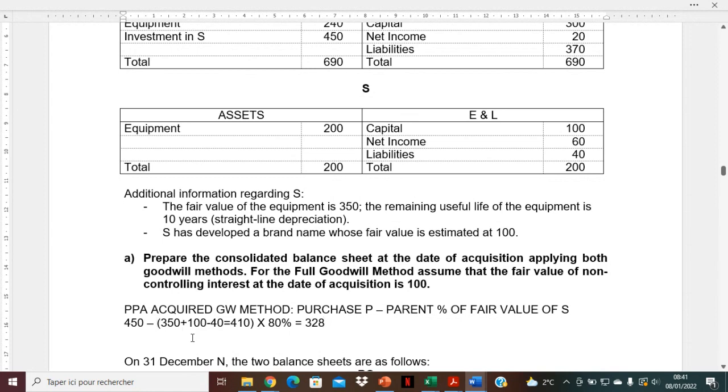So basically 80% of the fair value equals 328. So the acquired goodwill, therefore, is 450 minus 328, which is 122. Okay. Any questions on the acquired goodwill method so far?